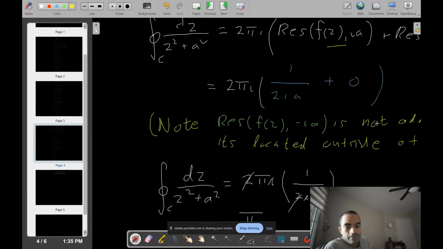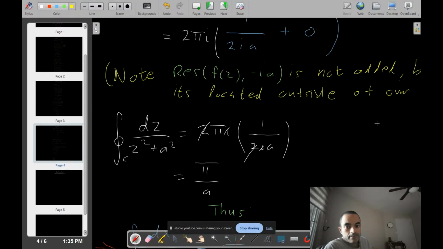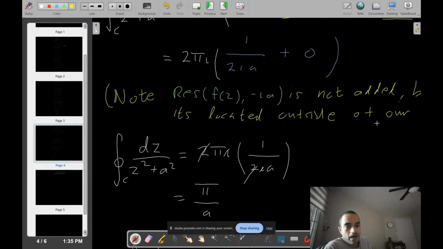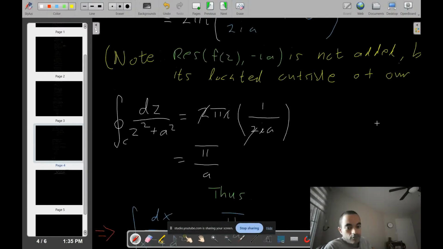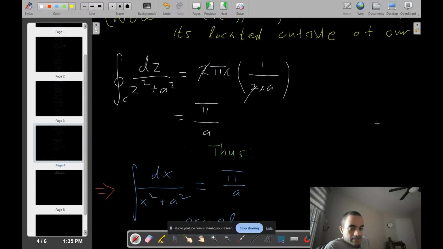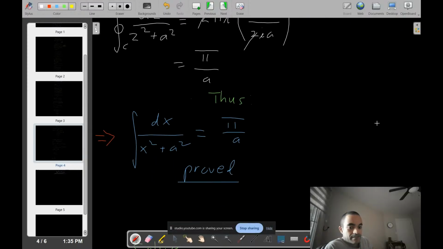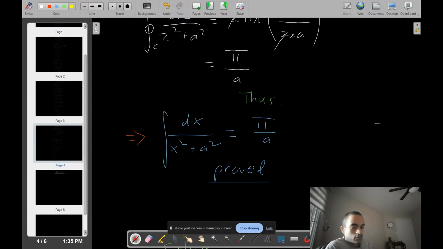Because 2 pi i times 1 over 2ia, if you look at the calculation here, that means our loop integral dz over z squared plus a squared gives us pi over a. Transposing from z back to x, our regular integral dx over x squared plus a squared is pi over a, and it's proven.